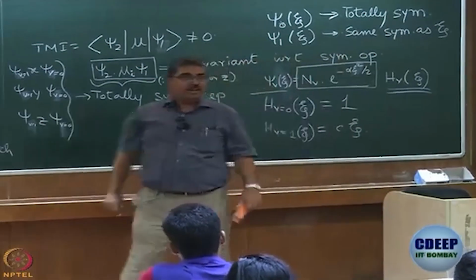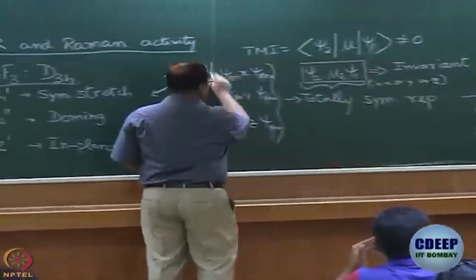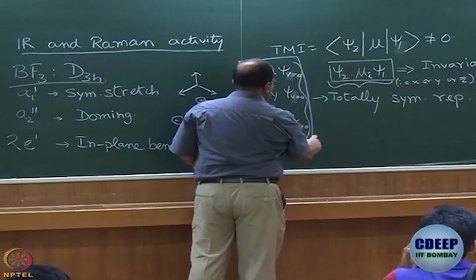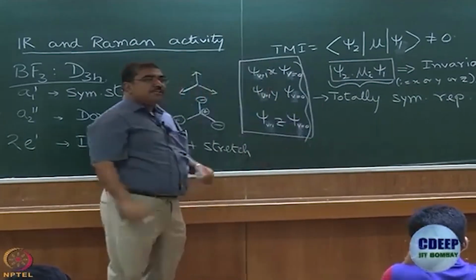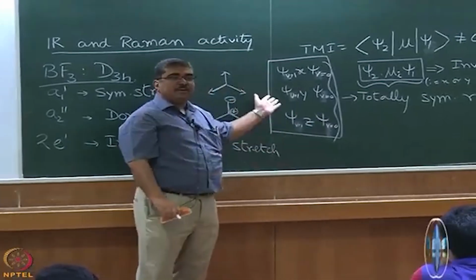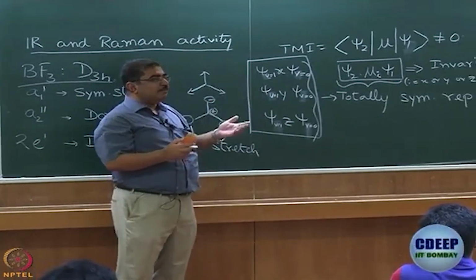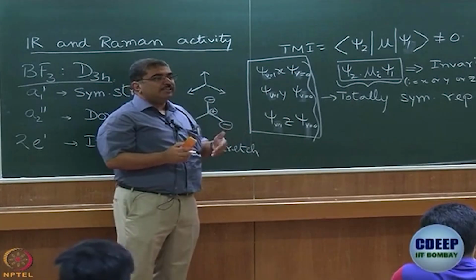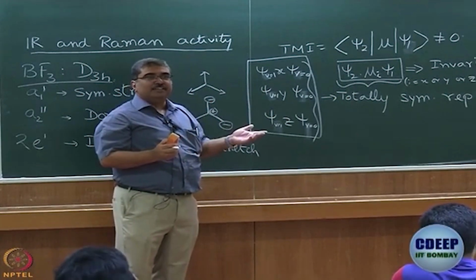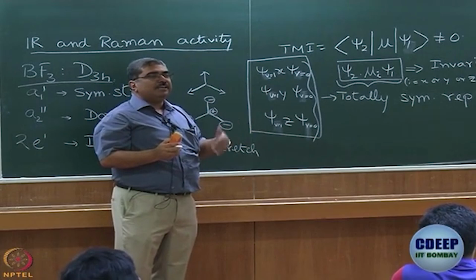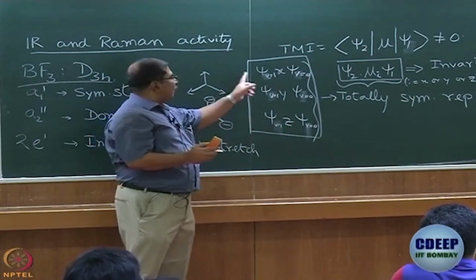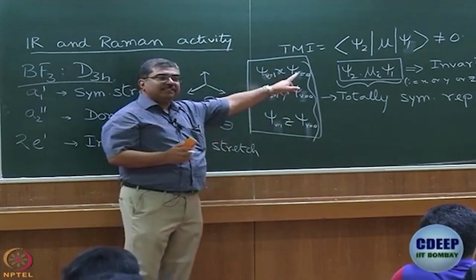Okay. And now I come back to this problem. What do I need to determine? I need to determine whether this triple product is totally symmetric. When I am taking triple products, usually you will not get a one dimensional representation. When are you going to get a one dimensional representation? If all three belong to one dimensional representations, right?